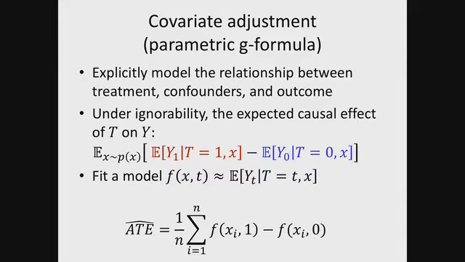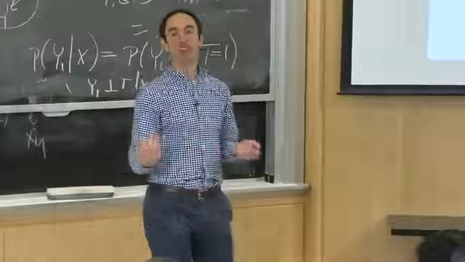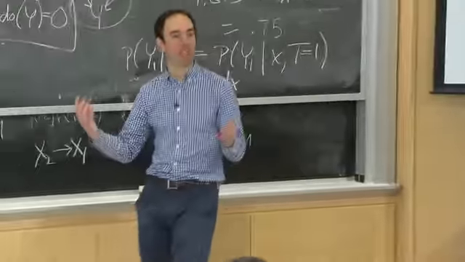And this is where things start to get really tricky, particularly with high-dimensional data. Because it could happen, for example, that your treatment decision is only one of a huge number of factors that affect the outcome y. And it could be that a much more important factor is hidden in x.